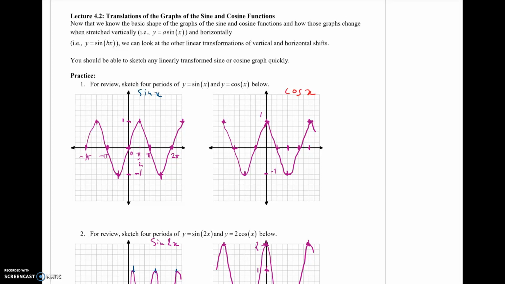So practice, first review sin x and cos x. I would encourage you, on the side, to try to represent again very quickly sin x. From the trigonometric circle, I know that the sine of the angle will be equal to 0 when the angle, in this case x, and I'm representing always y as a function of x, equals 0, pi and 2 pi.